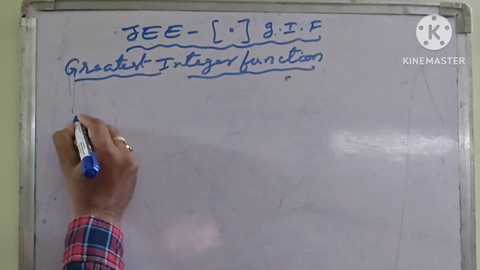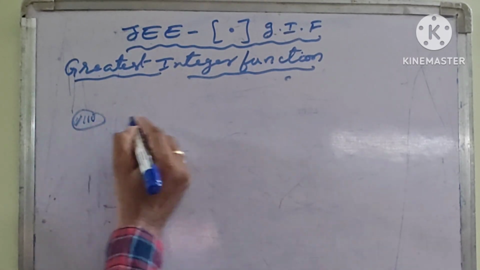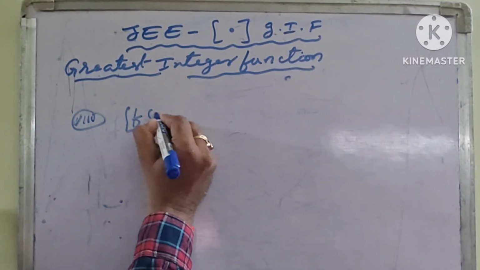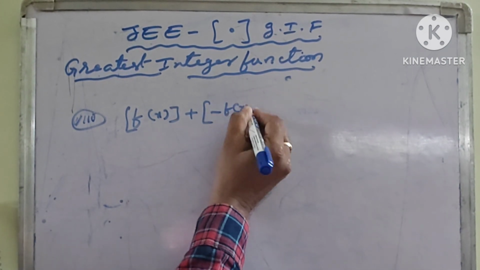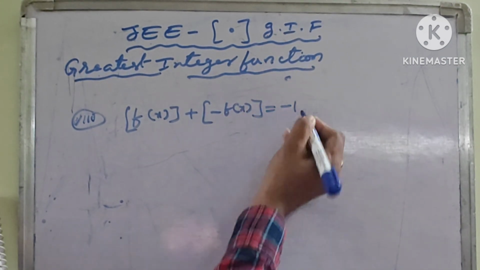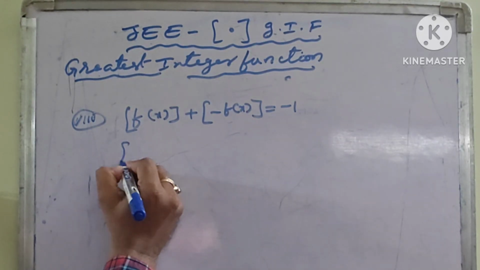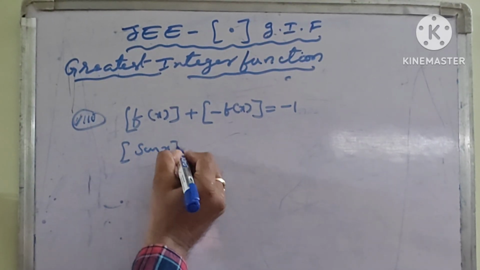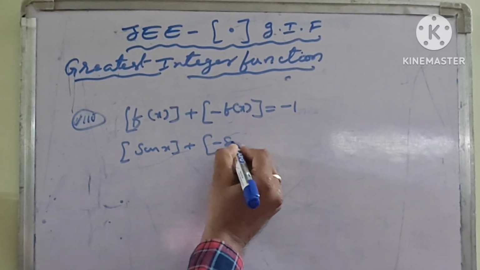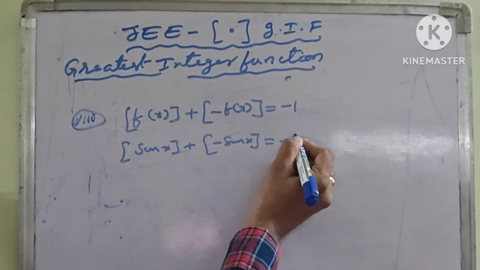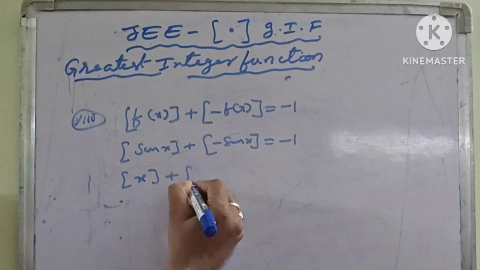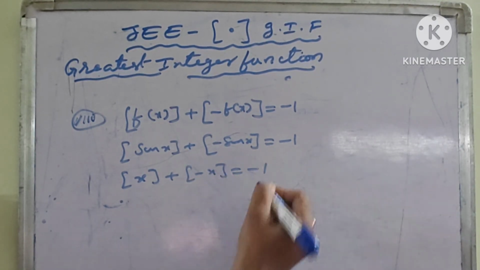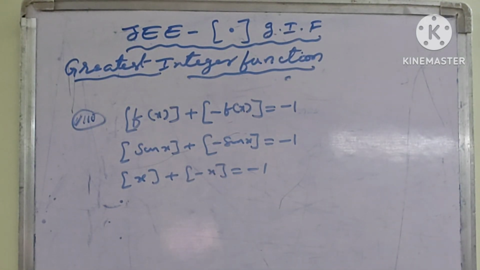So this is the property: the integral part of f of x plus the integral part of minus f of x is equal to minus 1. The integral part of sin x plus the integral part of minus sin x is equal to minus 1. The integral part of x plus the integral part of minus x is equal to minus 1. So this is the most important case.